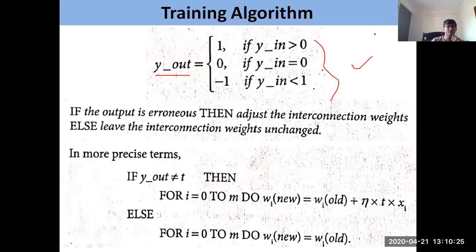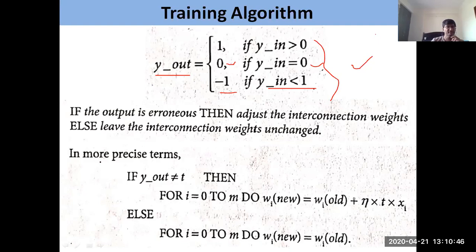If Y in is 0, then we can produce a value 0. If Y in, that is the total activation input, is less than 0, then we can consider that the output is -1. So we would be using this activation function to explain an example.